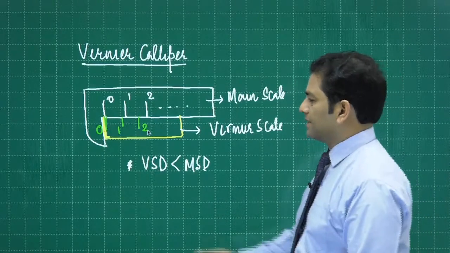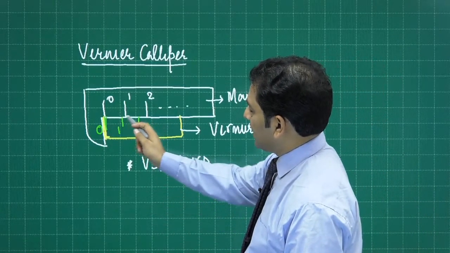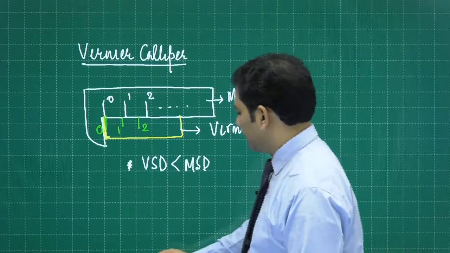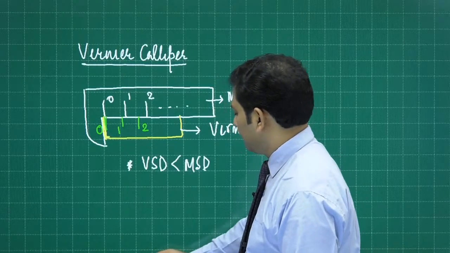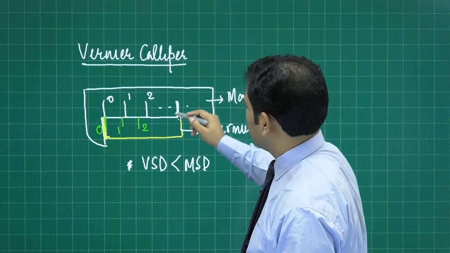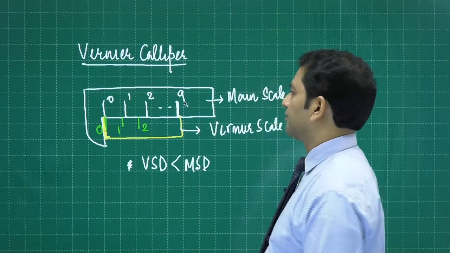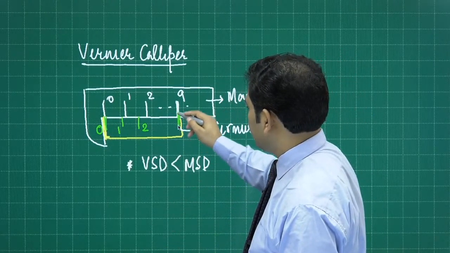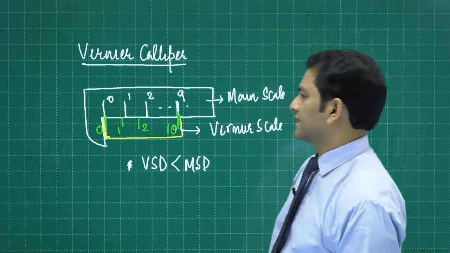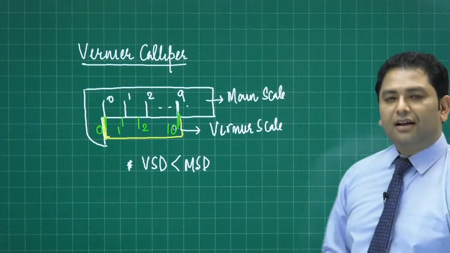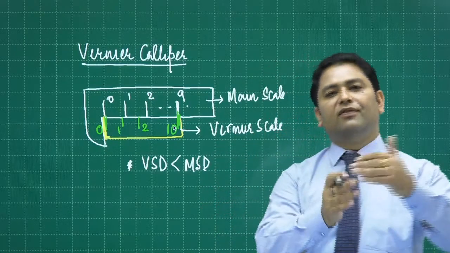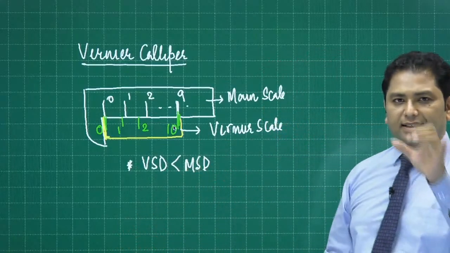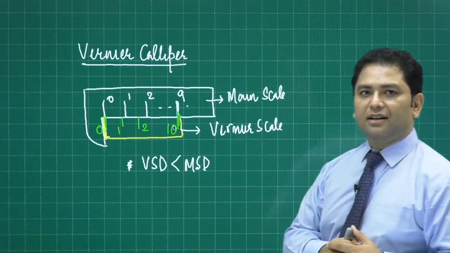Like in the first there is a lag, in the second there is another lag, and later on you would find something like this. Suppose here, maybe this is the 9th main scale division, and that will exactly match with the 10th vernier scale division, and that is obvious, isn't it? Not necessarily 9 and 10, it could be 4 and 5, it could be 19 and 20, but that will happen.